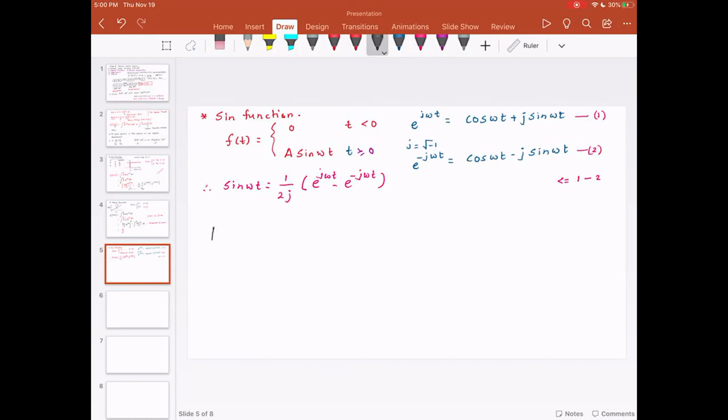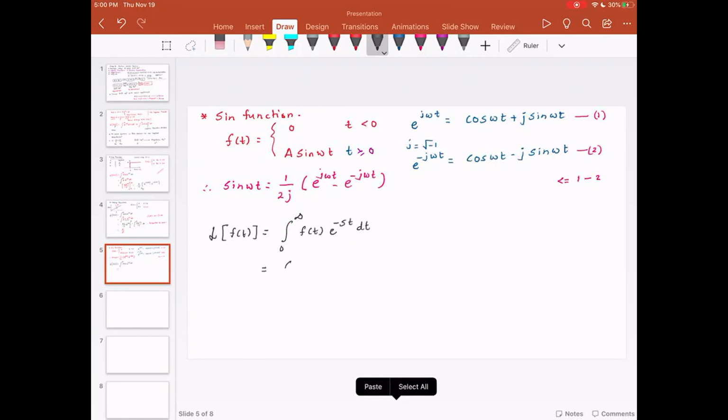So now when I do the Laplace transform of f of t, it is again the integral 0 to infinity of f of t e to the minus st dt.